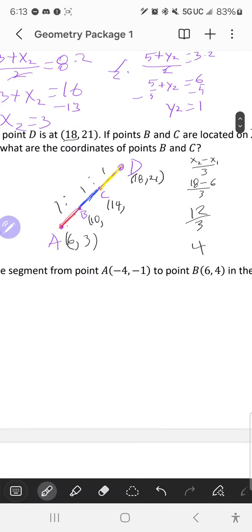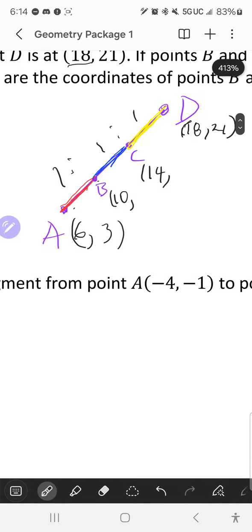So I know that our y value is going to change by 6 each time. So here is going to be 3 plus 6 is 9, plus 6 is 15, and plus 6 is 21, the value we already have.